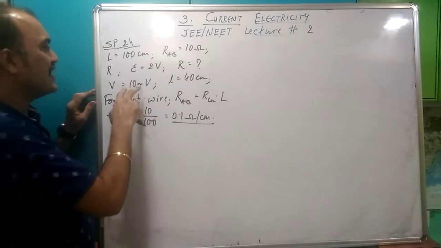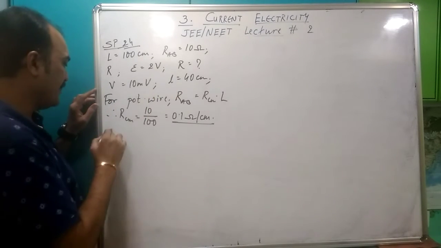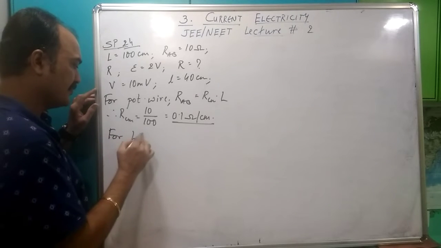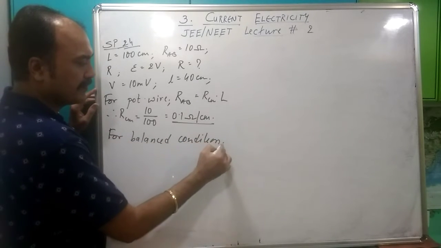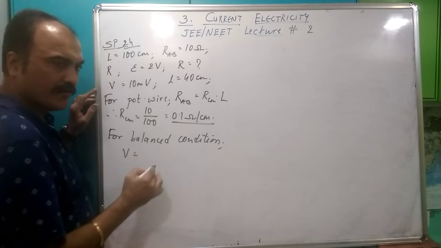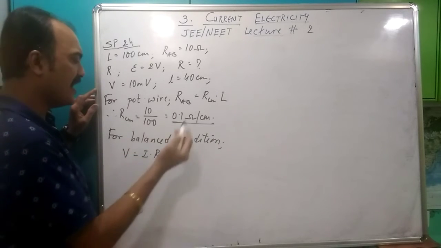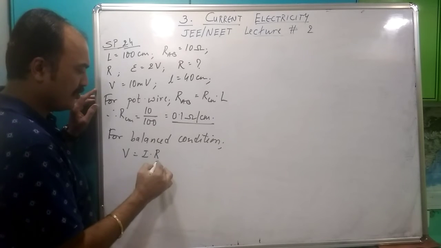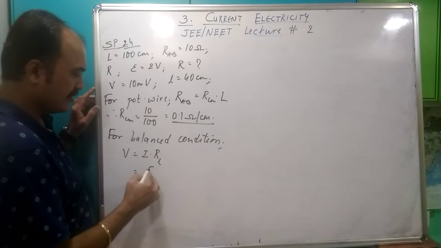Now, when they say this 10 millivolt is balanced by this 40 centimeter length, that means for balance condition, this V would have to be equal to I into R of the length, RL, whatever you call it.